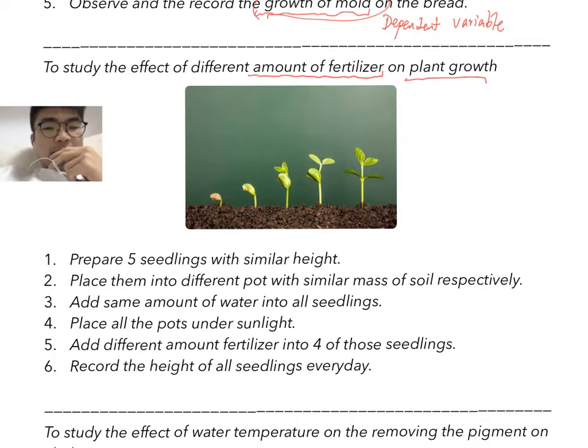Let's read the procedure first. I'll give you some time to read the procedure and try to identify the independent variable, control variable, and dependent variable. Let's take some time.